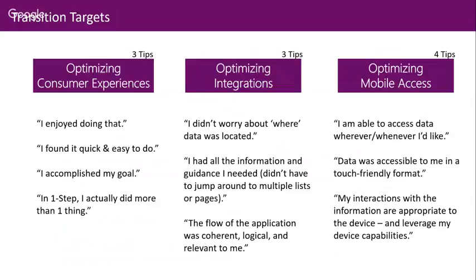And then finally, we want to target optimizing mobile access. I mean, this was a big thing, you know, a couple of years back, we were talking about cloud first, mobile first, but go beyond that idea to the idea of enablement, not only wherever and whenever you'd like, right? But in a format that is applicable to wherever and whenever they are.